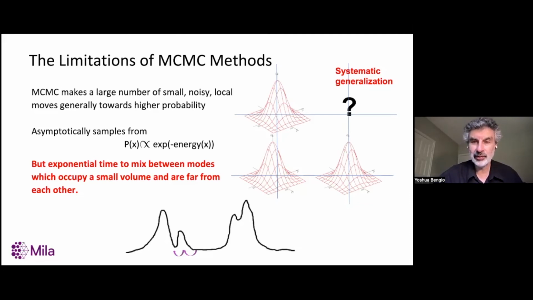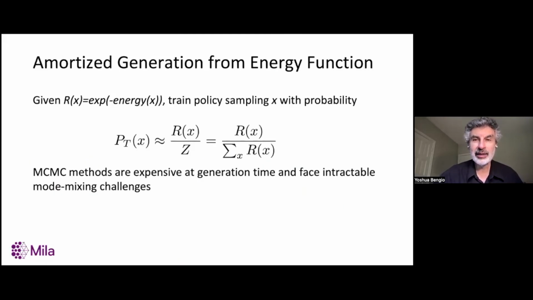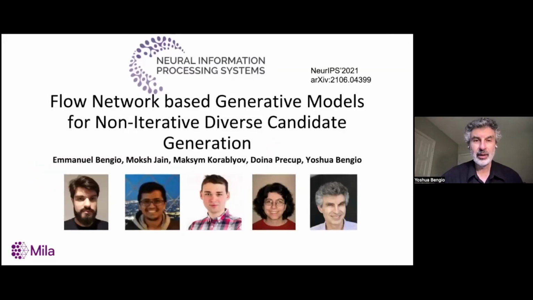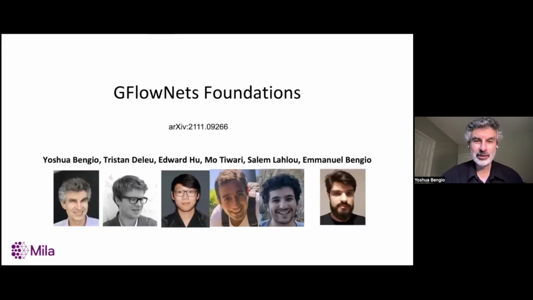And so GFlowNets have been designed with the idea that we could amortize that sampling computation, by replacing that expensive sampling through a long chain by expensive training of a generative model that would learn to sample in the right places.